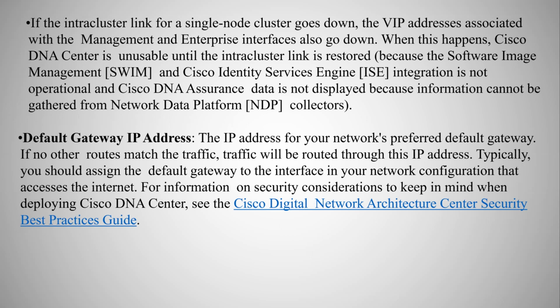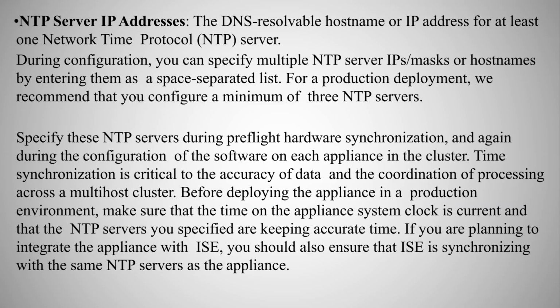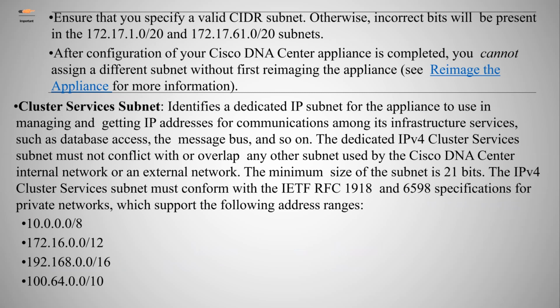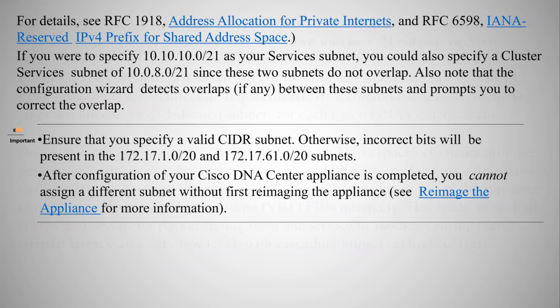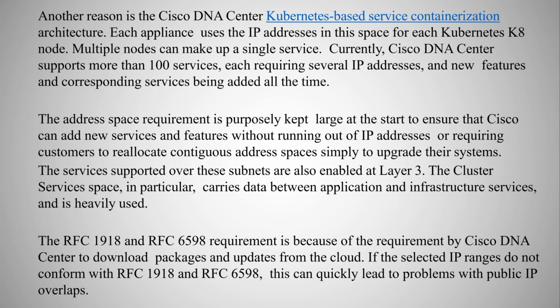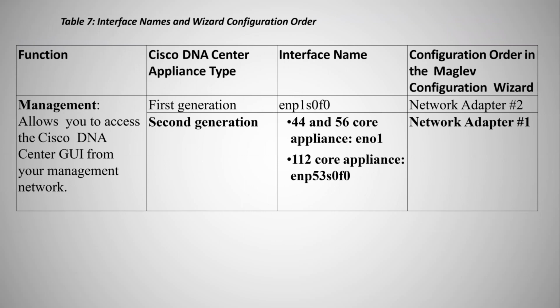Next, obviously, we want to turn on the machine. Once you turn on the machine, your boot up process will start. Here is just an example of what IP you should use or not use. Once your boot up process starts, what steps you have to follow, I am going to show you in the upcoming slides.